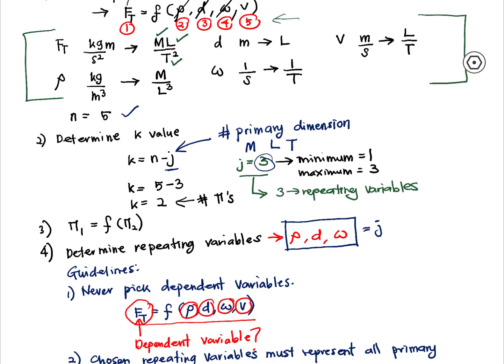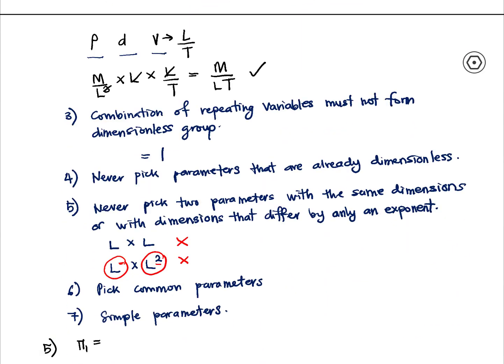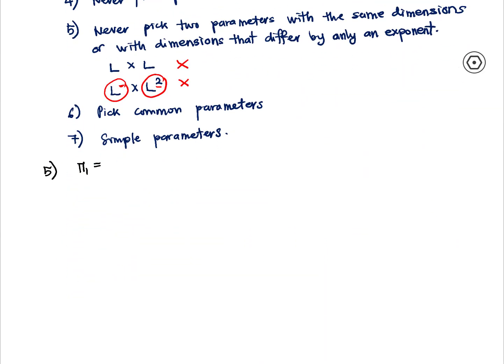So pi 1 equals ft, and then you put the first repeating parameter, which is rho to the power of a, and then diameter to the power of b, and the last one is omega to the power of c.